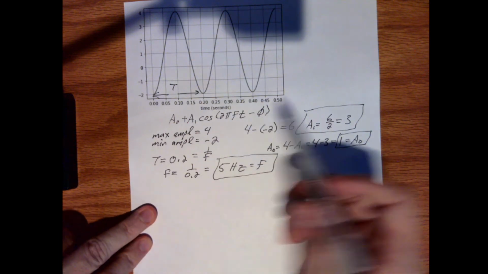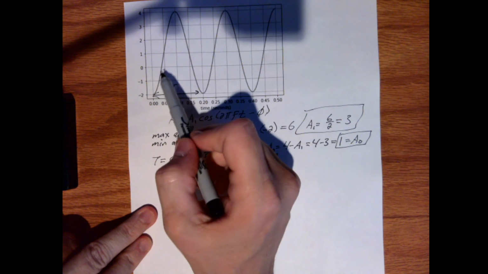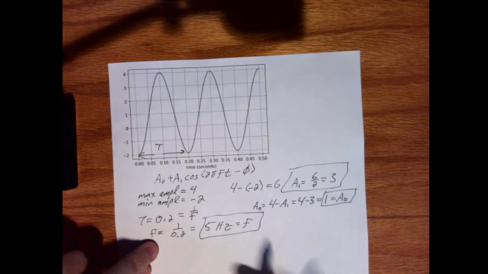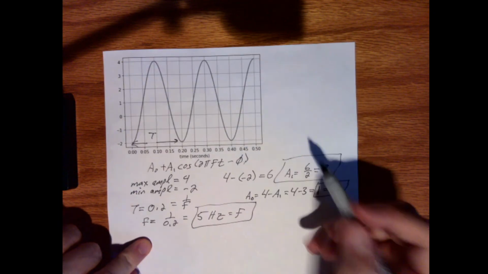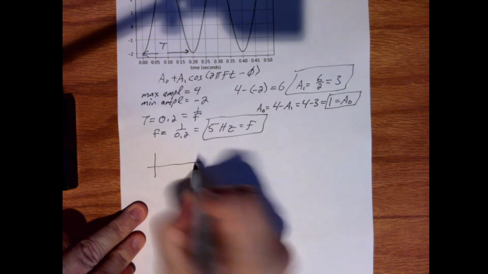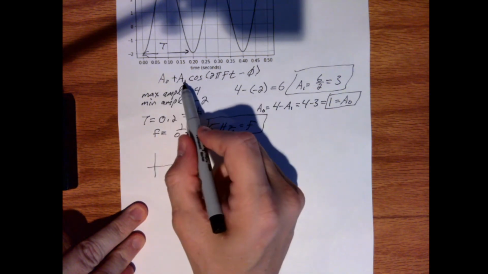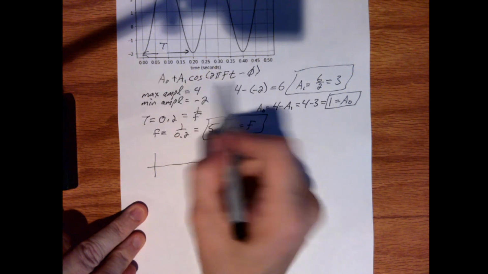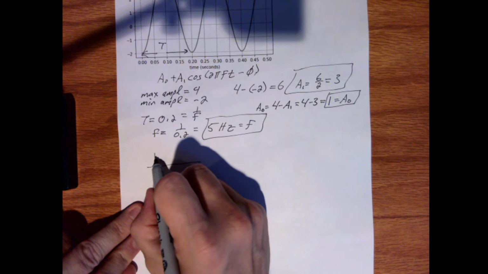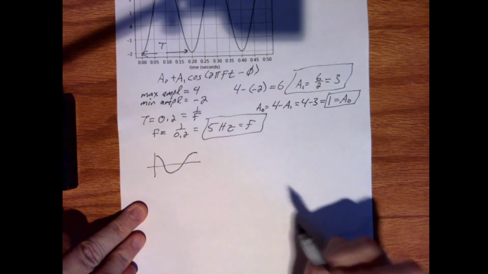But now we need to know what the phase shift is, because clearly this is not just a normal cosine wave. So how do we know how to solve for this? Well, let's think about how cosine works. If I just have normal cosine, where A0 is 0, A1 is 1, for any frequency but no phase shift, it peaks right here, right, at time equals 0.